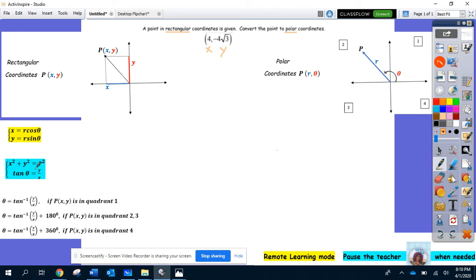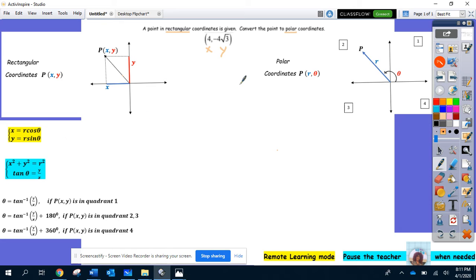And for the second one, you just divide the second relationship by the first and you get y over x equals tangent of theta. Usually, to find the angle theta, you apply the inverse of tangent, but that works when you have acute angles.